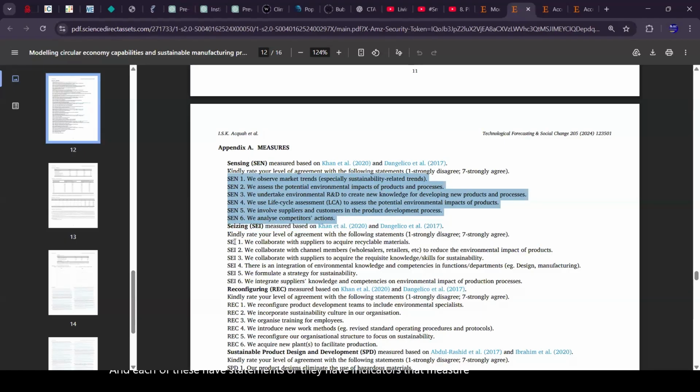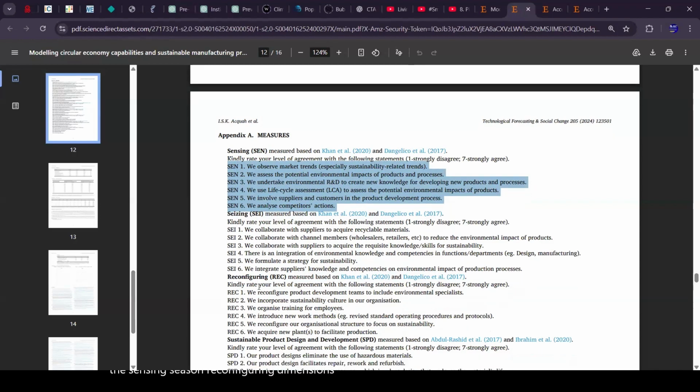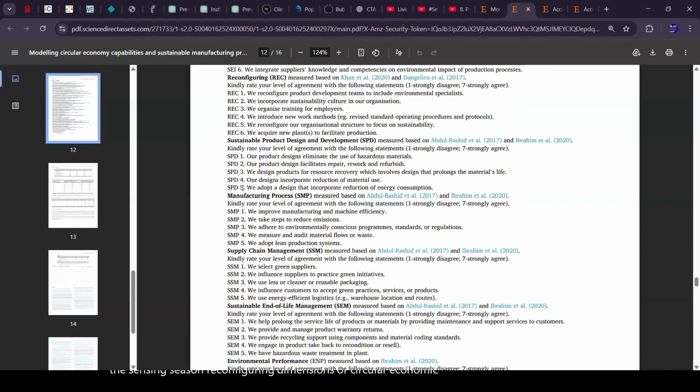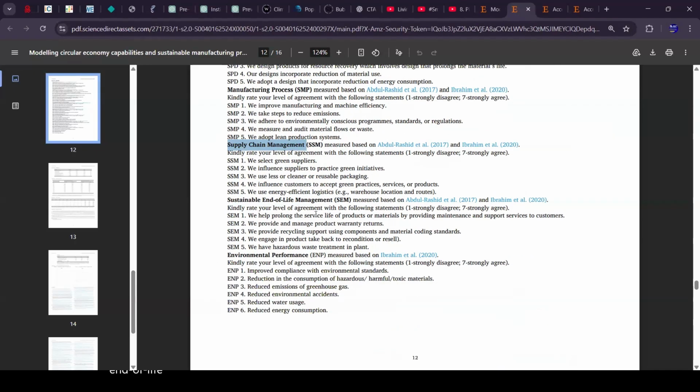So it means that sensing, seizing, reconfiguring are dimensions of circular economic capability. In the same way, sustainable product design, manufacturing processes, supply chain management, and sustainable end of life management are dimensions of sustainable manufacturing practices, because each of these dimensions has sub-indicators that measure each of the variables.